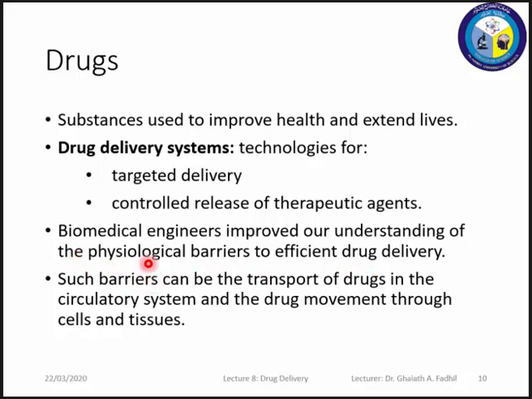They improved our understanding of the physiological barriers inside the human body that are prohibiting or slowing down the transport of drugs, and how we move drugs to the targeted cells and tissues.